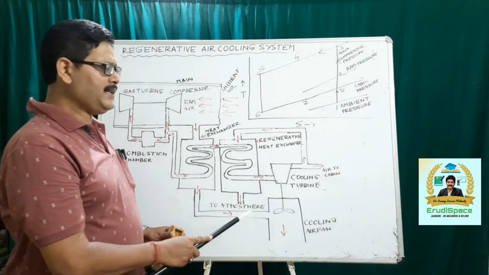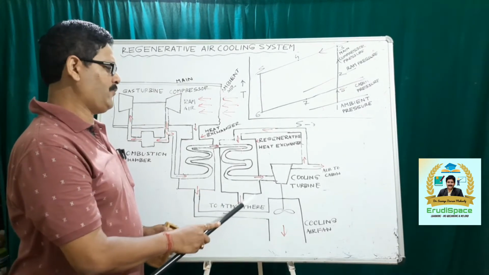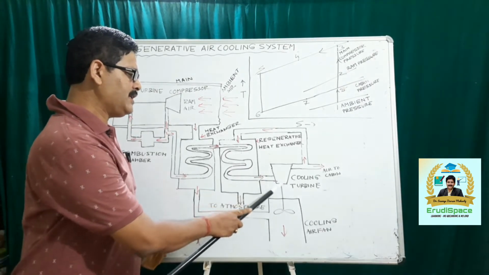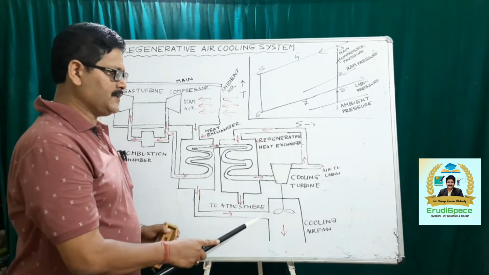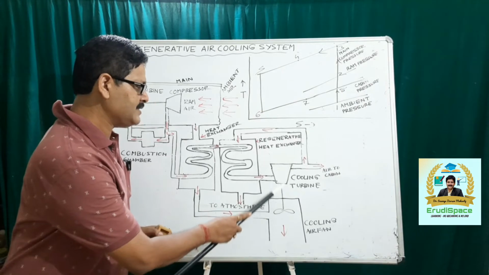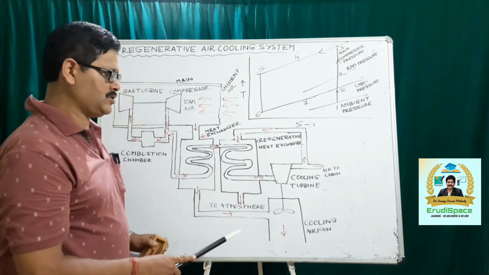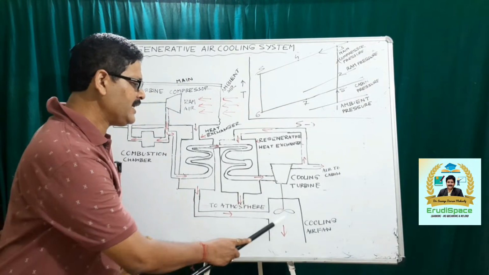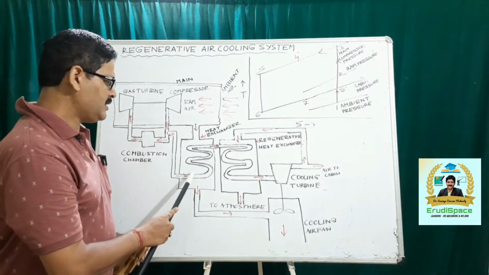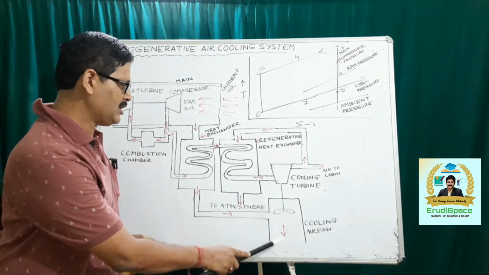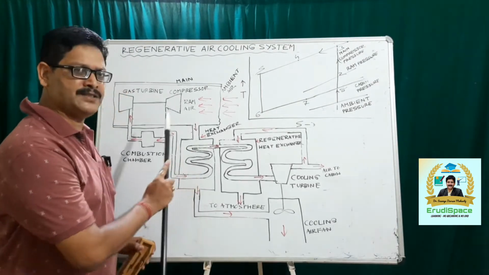In the cooling turbine, the expansion of the air actually takes place, and due to this, the power that is developed is actually used to run the cooling air fan, which actually draws the air that is to be adjusted to the atmosphere from the heat exchanger.